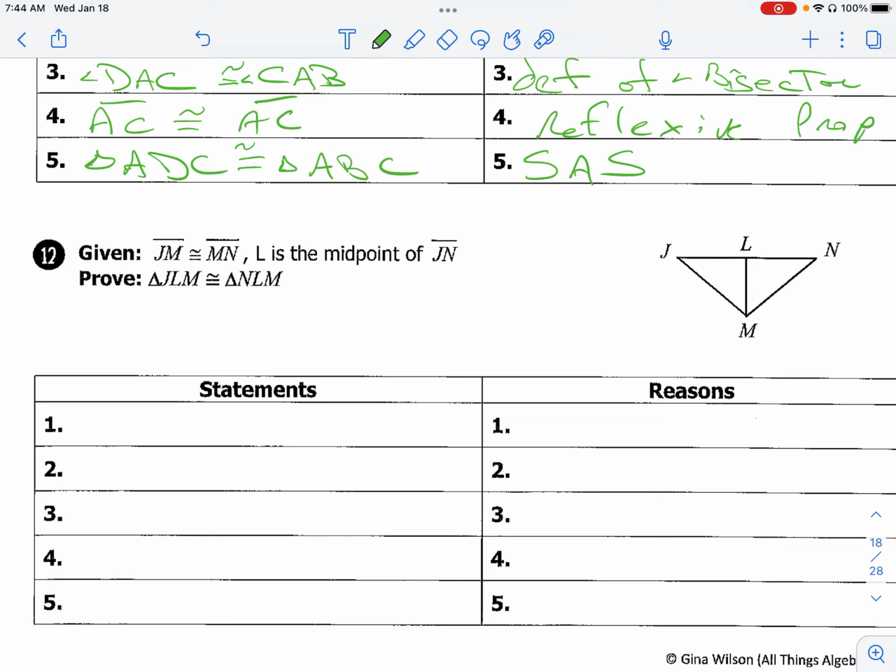All right. JM is congruent to MN. That's given.